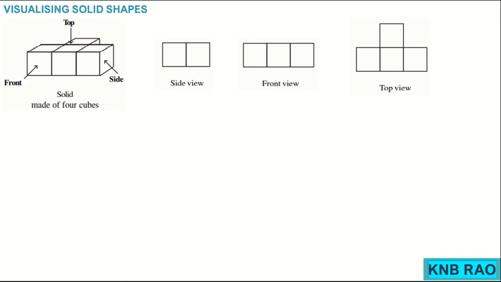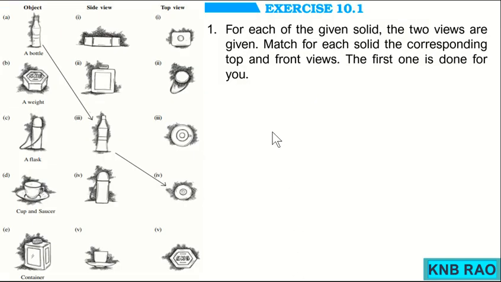Okay, you need to pause the screen and take those questions. Children, pause the screen in exercise 10.1. Question number 1, for each of the given solids, 2 views are given.